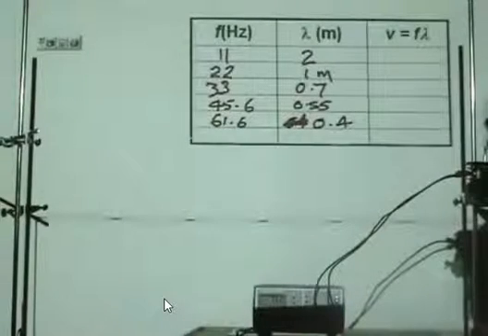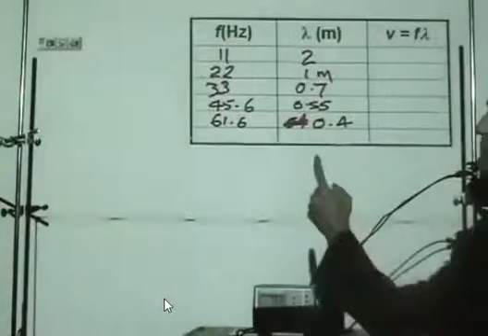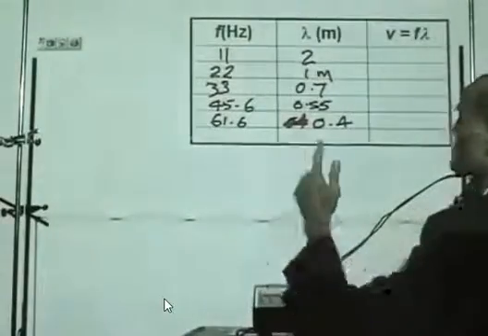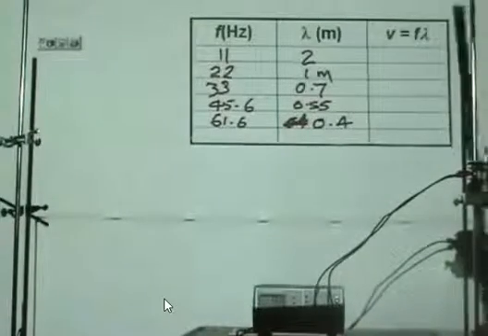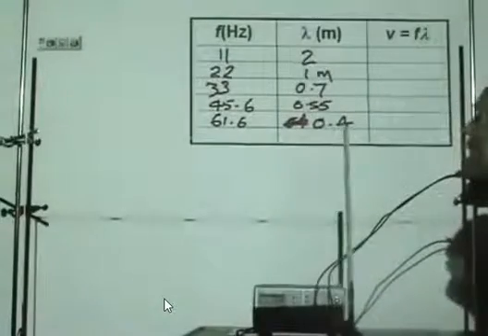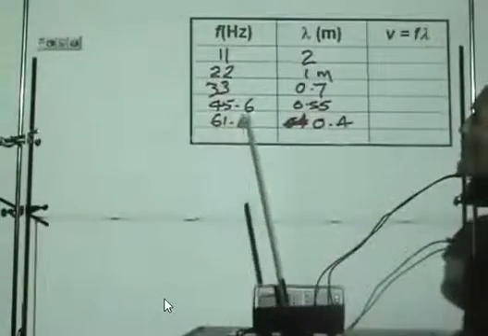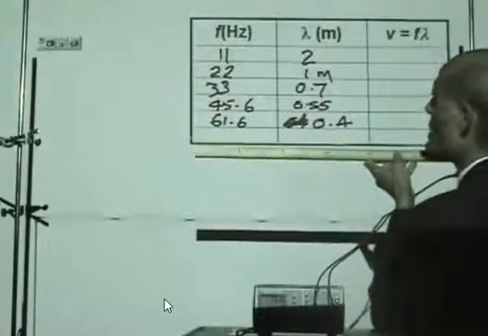Frequency is 75. And the wavelength is, you can measure the distance between any two alternate nodes, and I'm going to measure the distance between this node and this node. That will be a full wave. Alright, let me measure that.